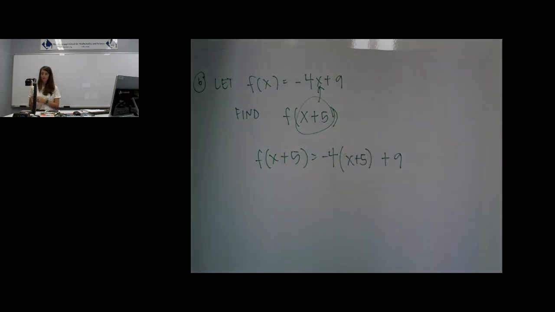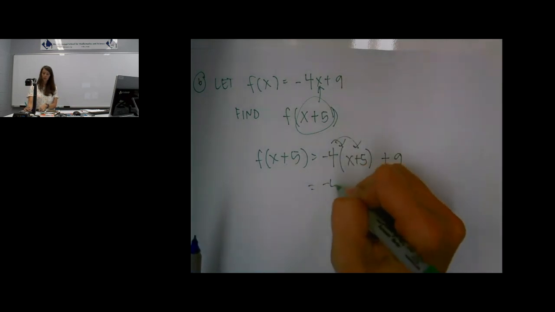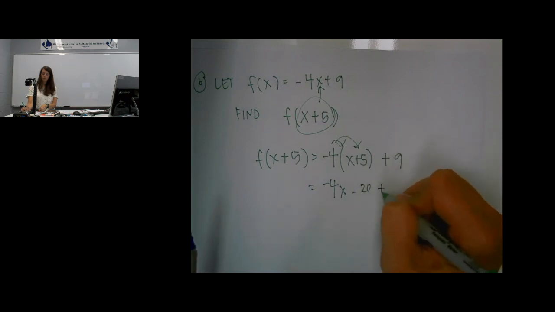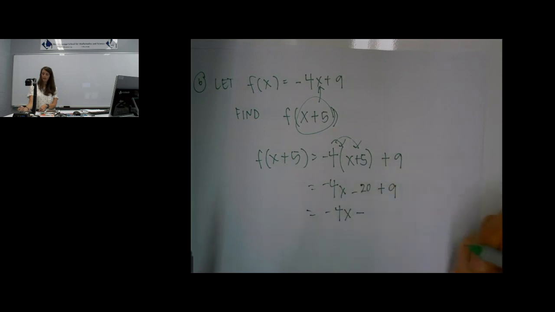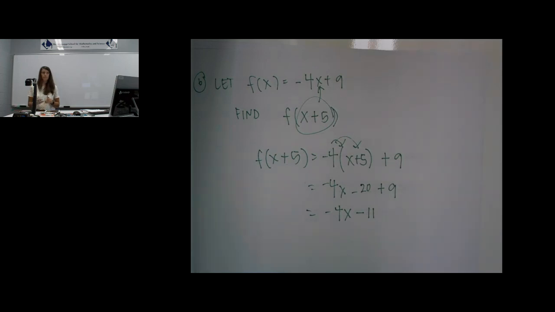Okay, so when I do this, I'm going to distribute. So this is going to be negative 4x. Negative 4 times 5 is negative 20. So you're going to have negative 4x minus 11. Okay.